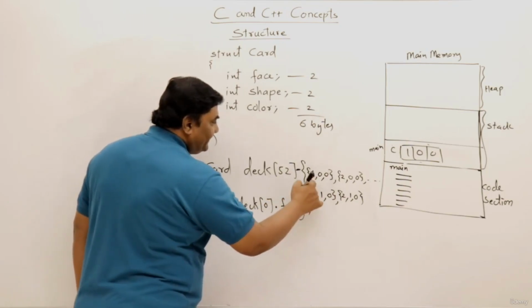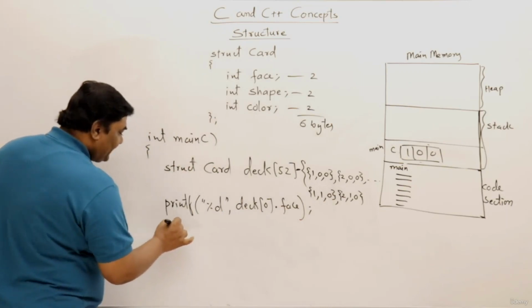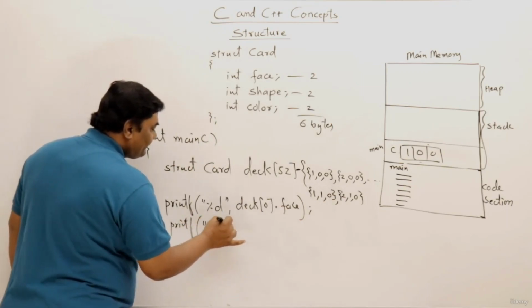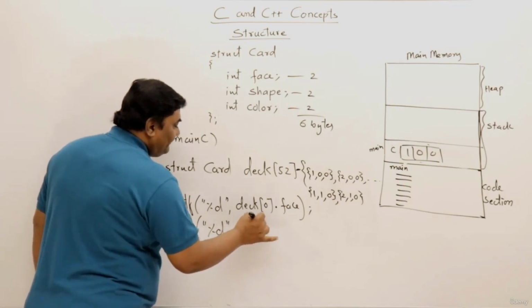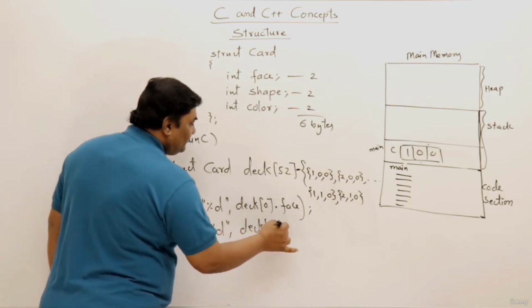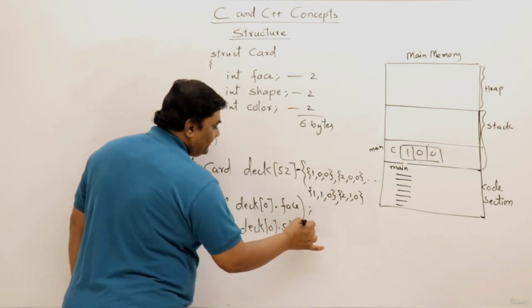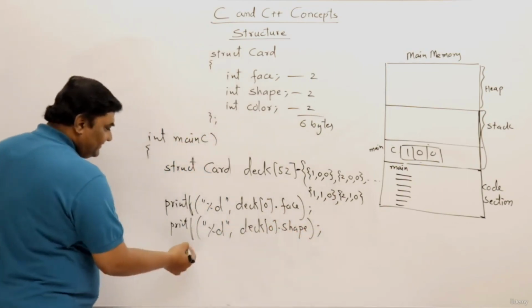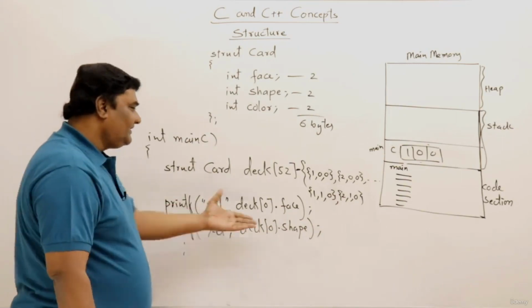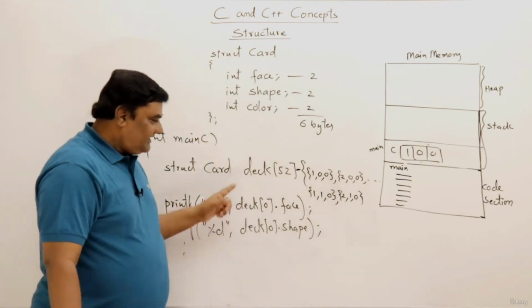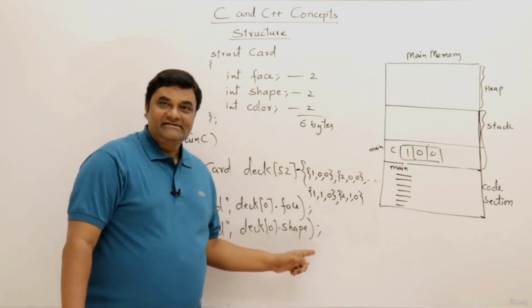So it will show face of this first card. Then printf next %d and deck of 0 dot this shape. So I can display shape. That's it. I can display other things also, like colors also I can display. So this is how, by using array name, then the index, I can access it.